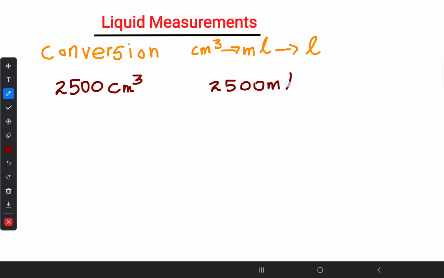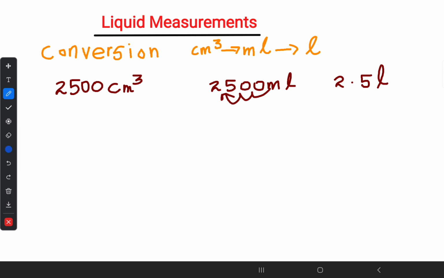Now milliliters to liters. We know that 1 liter equals 1000 milliliters. So from milliliters to liters, you should divide this amount by 1000. 2500 divided by 1000 means the decimal should move 3 digits. 1, 2, 3. So it would be 2.5 liters. That is the conversion.